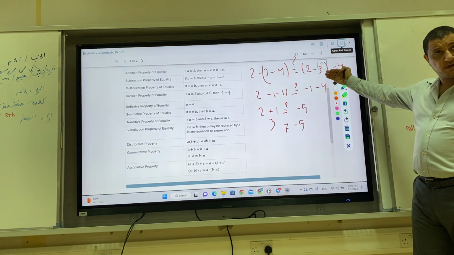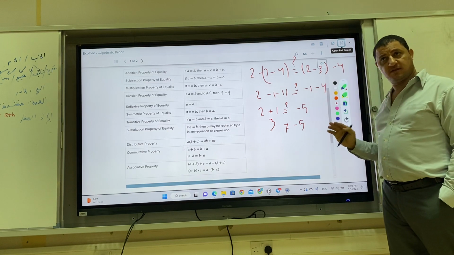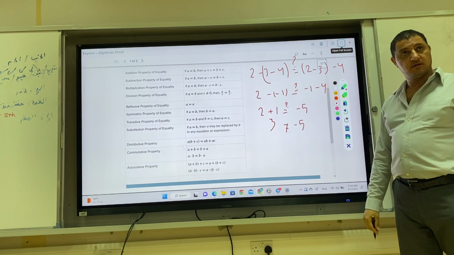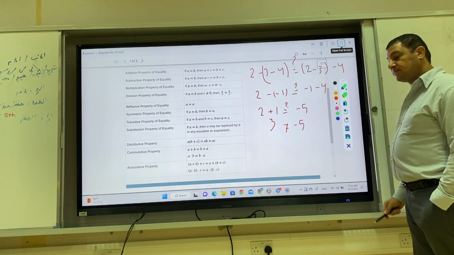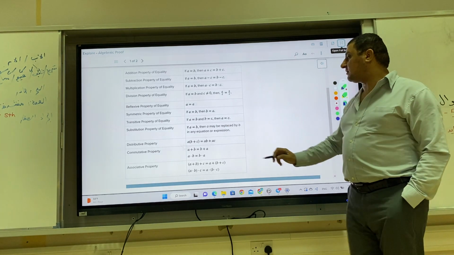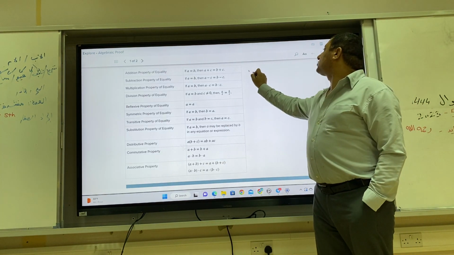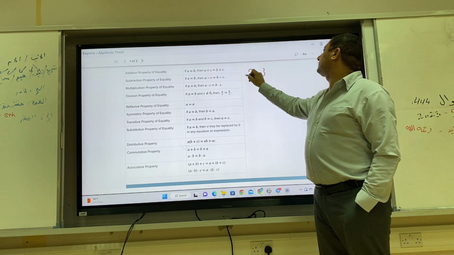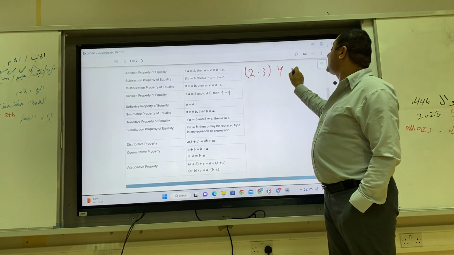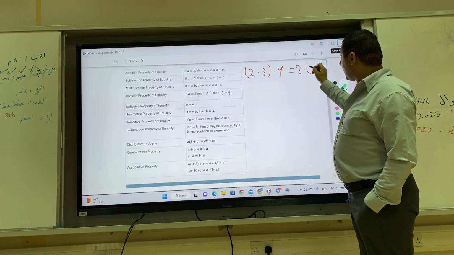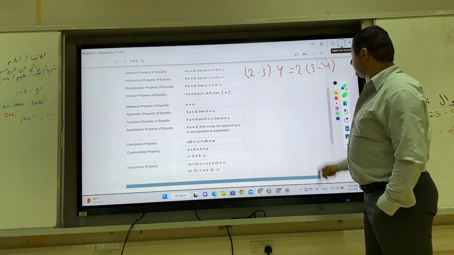We checked if we can use it with addition. So it works with addition, but it does not work with subtraction. Am I correct? Yes. Now let's check with multiplication. 2 times 3 multiplied by 4. Is it the same as 2 times 3 multiplied by 4, with the parentheses elsewhere?